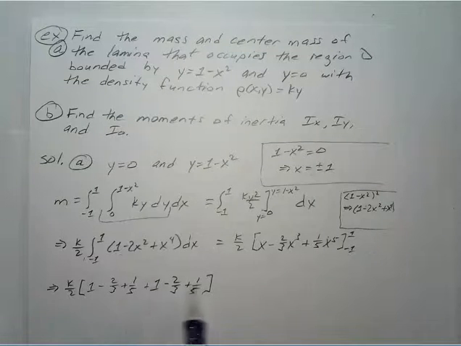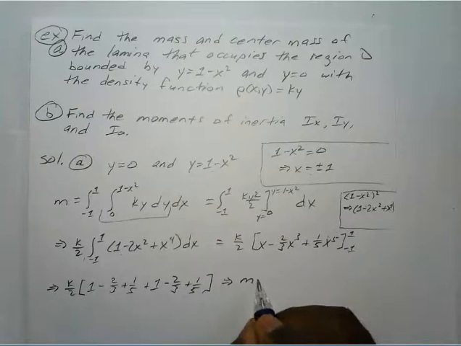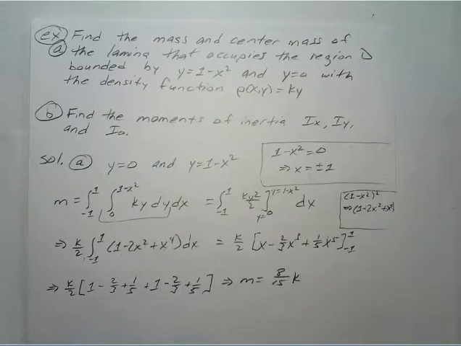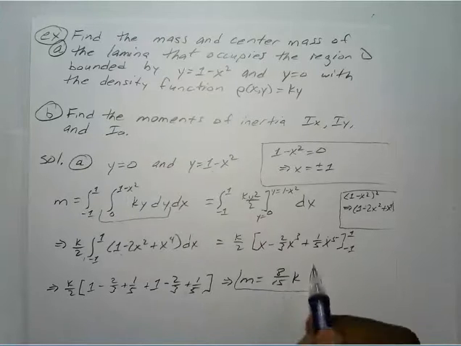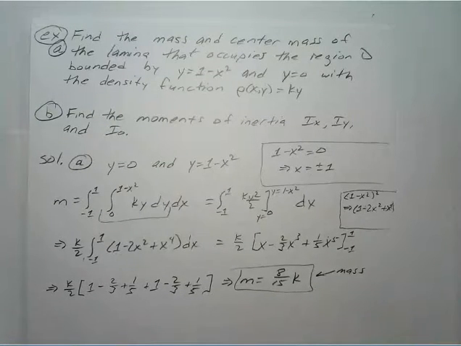If we combine like terms and add all these together, we end up with a mass that's equal to 8 over 15 k. Okay, so we have our mass.